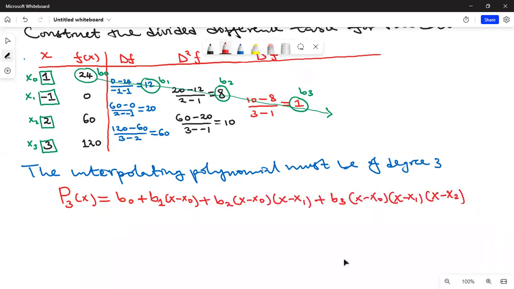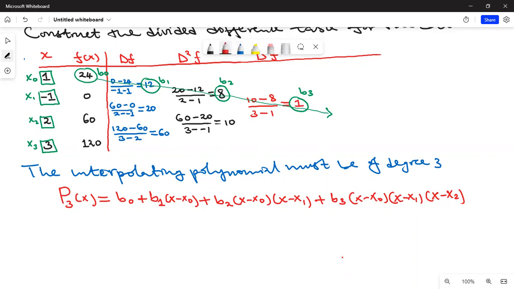So that is the polynomial. Now we need to replace the values of the constants and even the x0, x1, all the way up to x3. So when I replace, this is what I'm going to get.